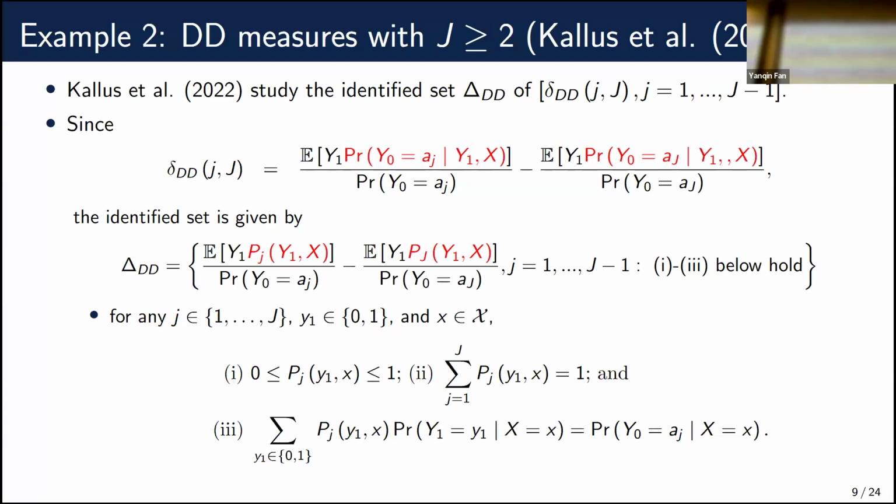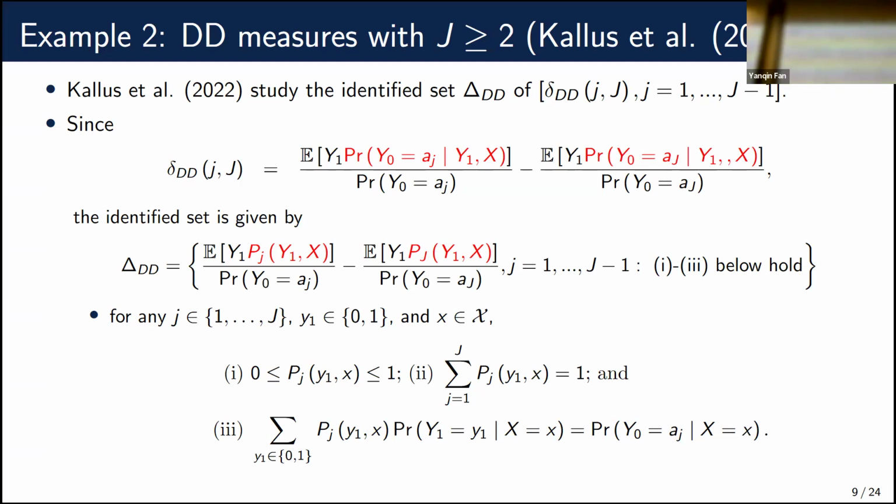So the conditional probability must satisfy property 3. You look at property 3: this is identified from the second data set, and this is identified from the first data set. So these two marginal conditional probabilities impose restrictions on this conditional probability, and nothing else.